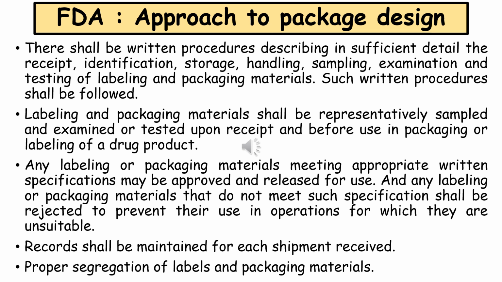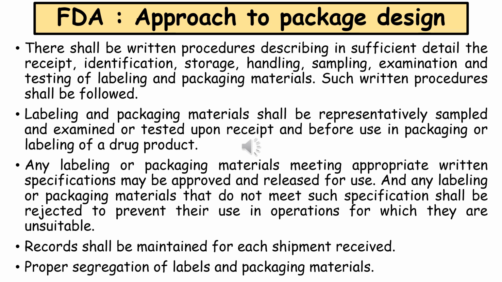Then any labeling or packaging materials meeting appropriate written specifications may be approved and released for use, and any labeling or packaging materials that do not meet such specifications shall be rejected to prevent their use in operations for which they are unsuitable. Means after performing all the tests, if the results are within specifications and meeting the guidelines, then they are accepted, approved and released for use.